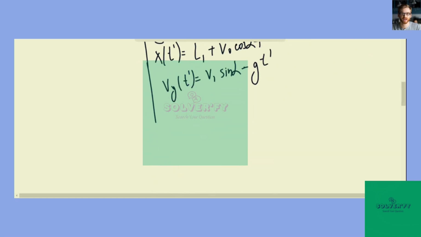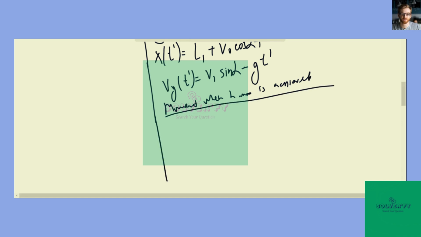So now we can find the moment when h maximum is achieved. It's achieved when Vy as a function of t prime is 0.